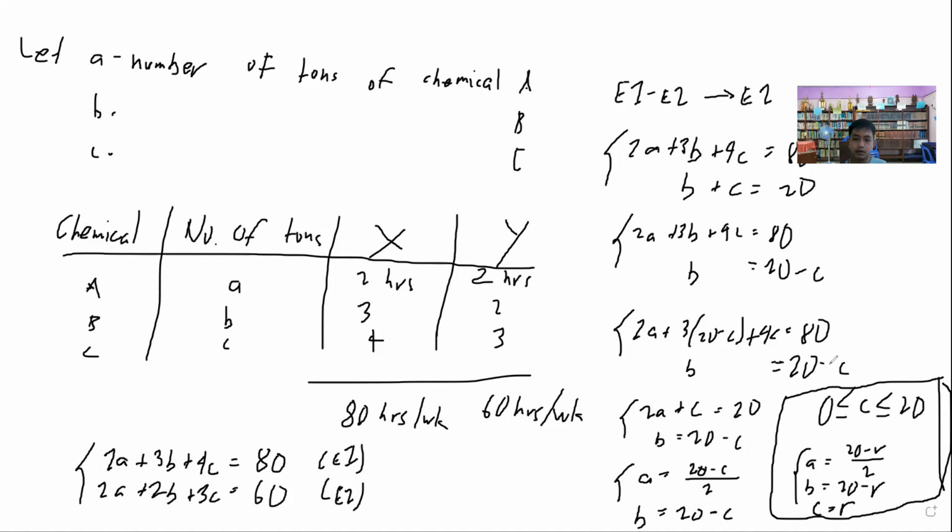Wala tayong mahanap na best solution dun sa mga solutions natin unless magdadagdag sila ng other restrictions. For example, ano yung distribution or solution na magbibigay ng maximum profit or minimum profit, mga ganong other restrictions. Pero since hinanap lang natin is yung solution set, so ito lang yung sagot natin.